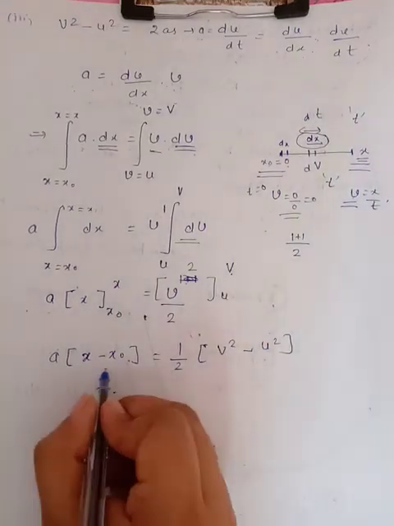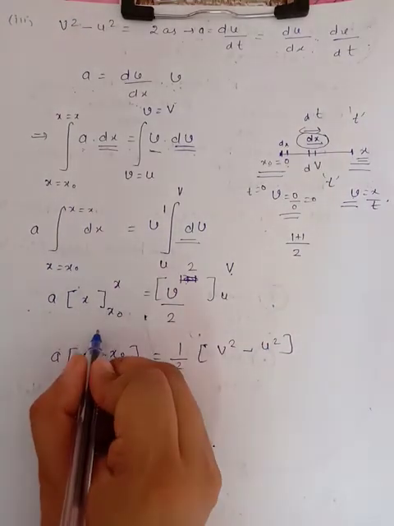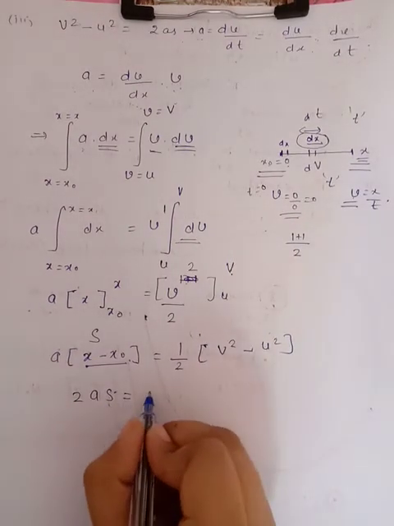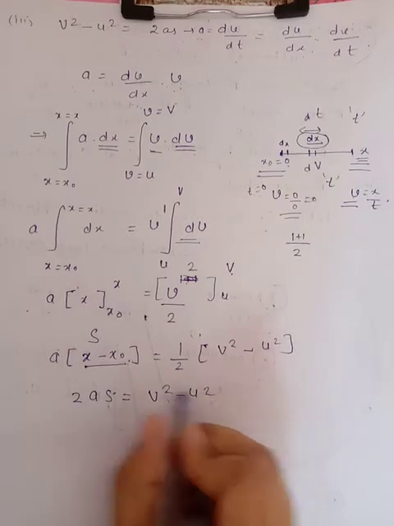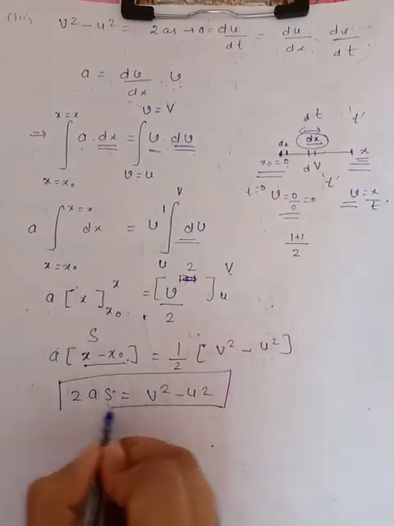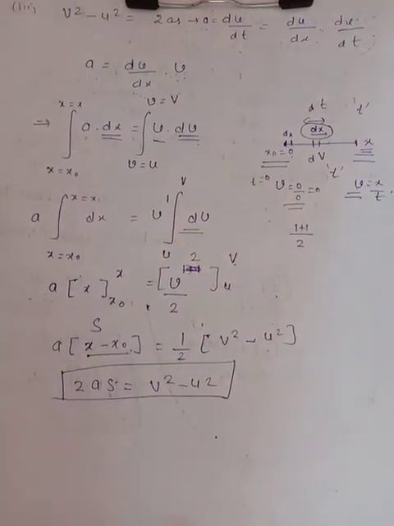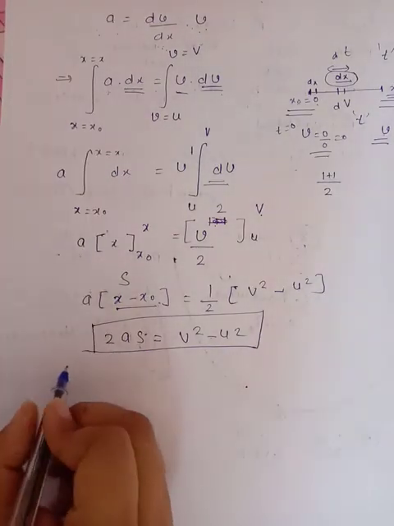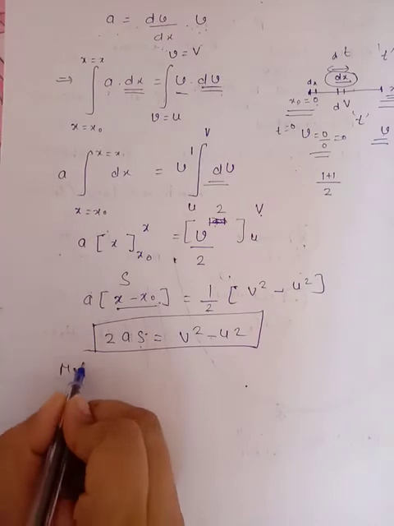So the formula comes out to be x minus x naught is equal to S. So we can say that 2as is equal to v square minus u square, which is our third equation of motion.